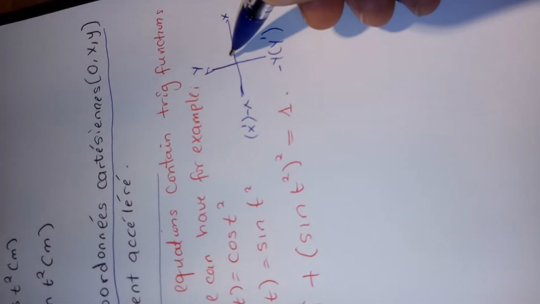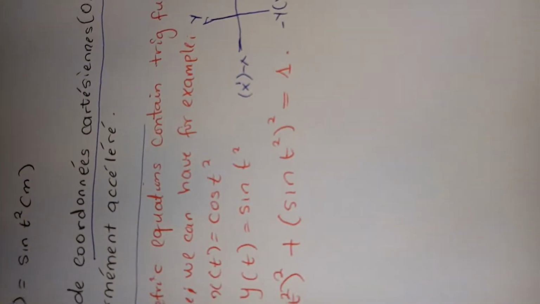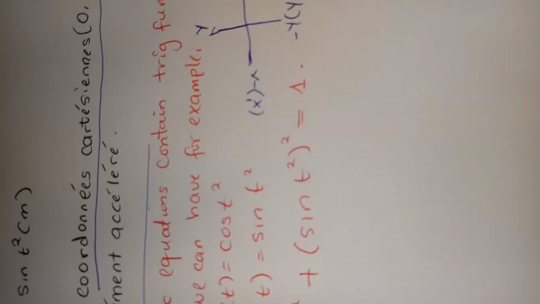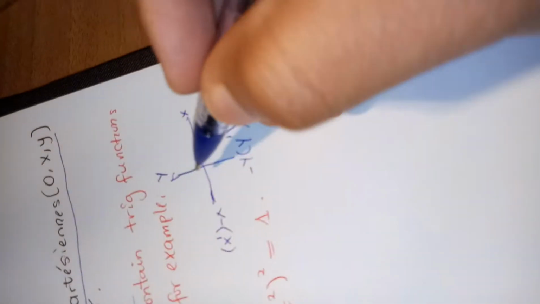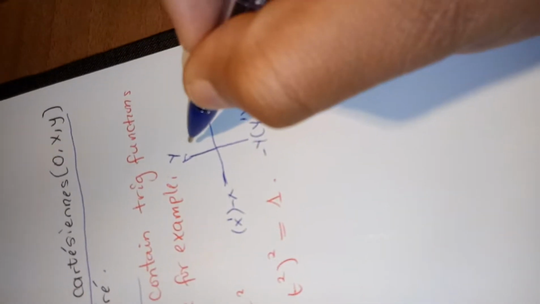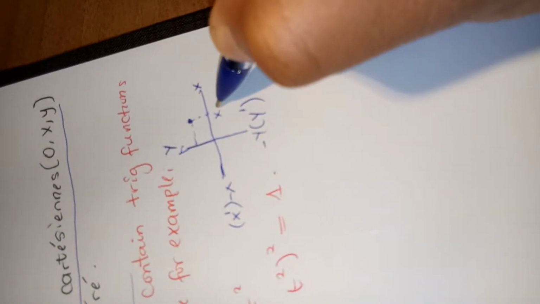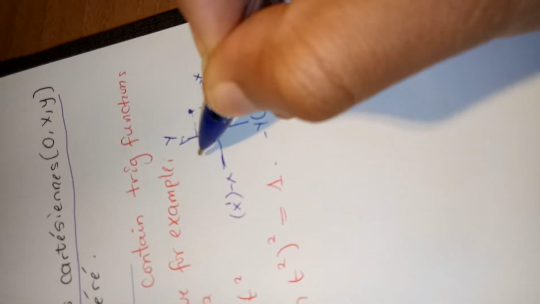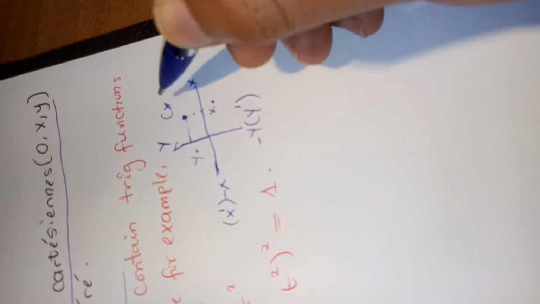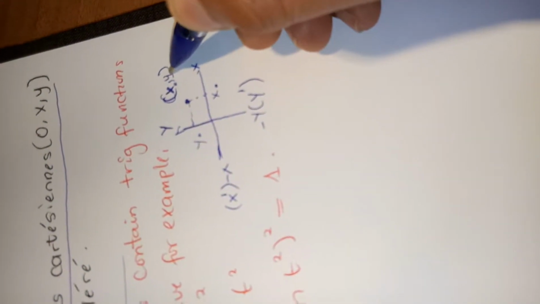Now this is how we describe Cartesian coordinates. If you are given a particular point here, you trace from your y-axis and your x-axis, and you put it in brackets x comma y.